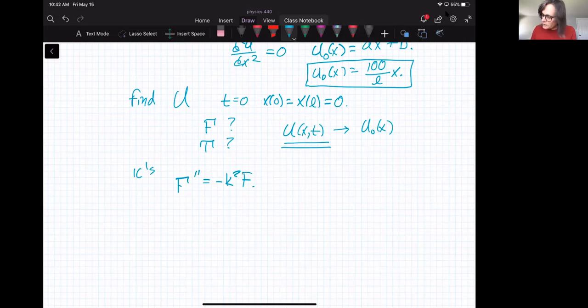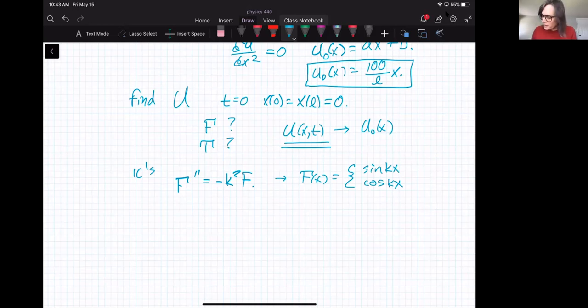So we know that f of x is going to be a linear combination of sine kx and cosine kx. People get that? Okay. Because it's not a steady state, we can't just say that this is a Laplace equation solution. There is that time piece to that.